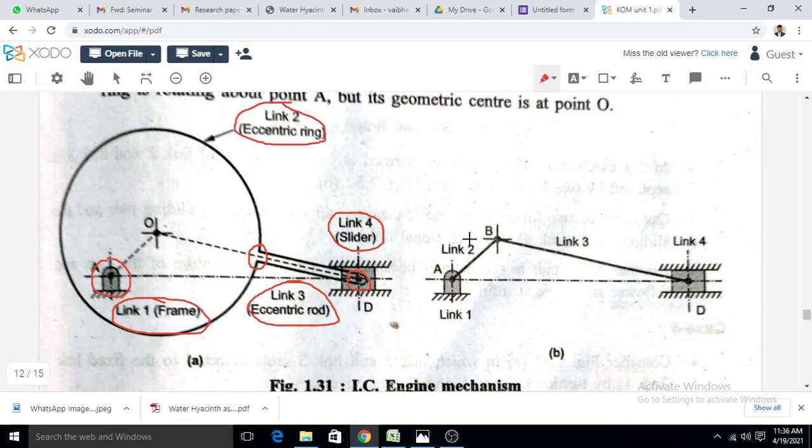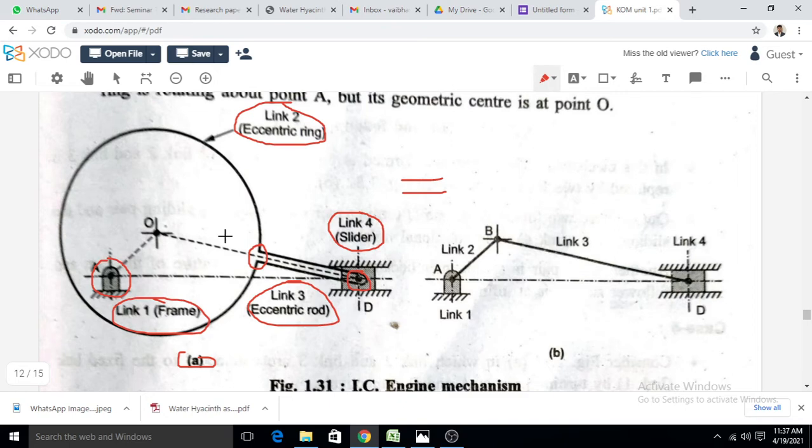If we consider this whole arrangement as shown in figure A, it is similar to the IC engine mechanism, that is, the single slider crank mechanism. Why can we not understand that this mechanism is equivalent to the IC engine mechanism?